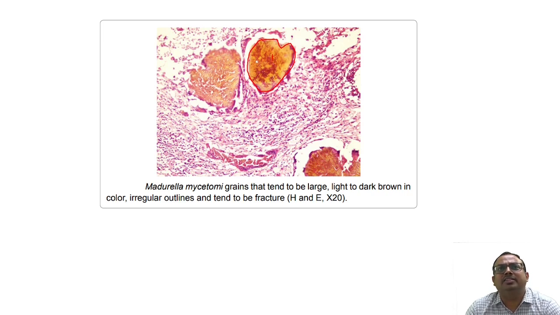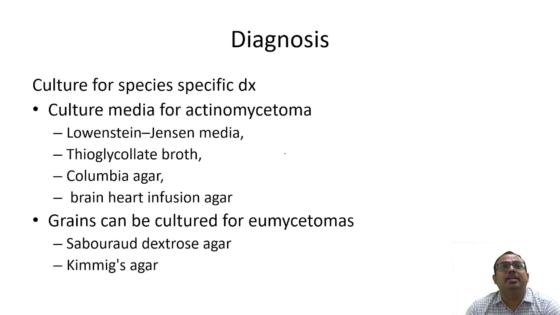Here you can see a light brown to dark brown colored section of the grain or granules surrounded by the granuloma, which is basically made up of lymphocyte. This is what you can visualize in a histopathological examination.